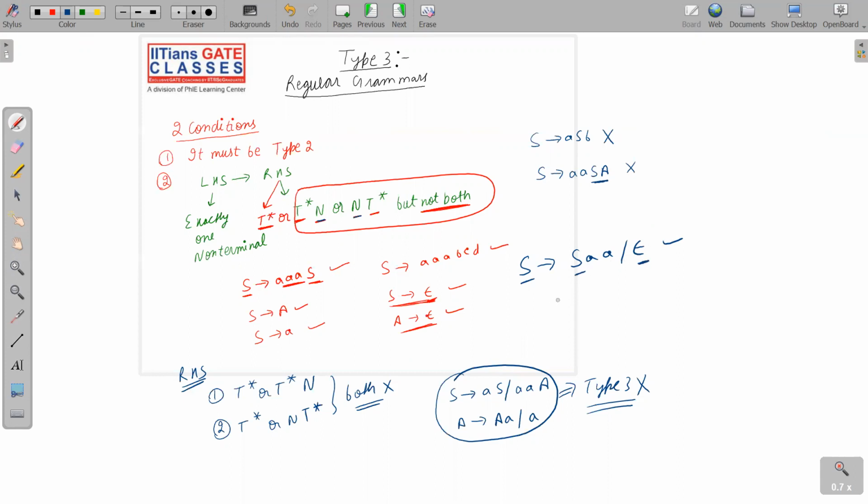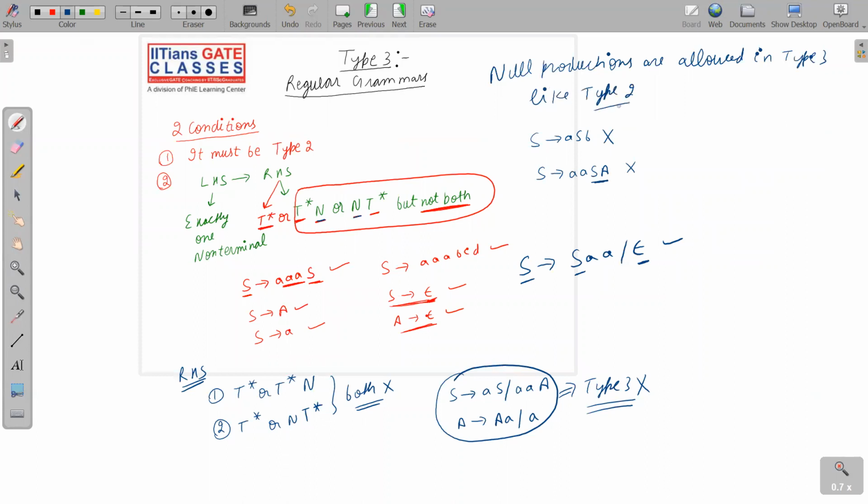Please do not say that S implies null is present and S is appearing on the RHS. No problem at all. In type 3, null productions are allowed, just like type 2. So I am writing here: null productions are allowed in type 3, like type 2.